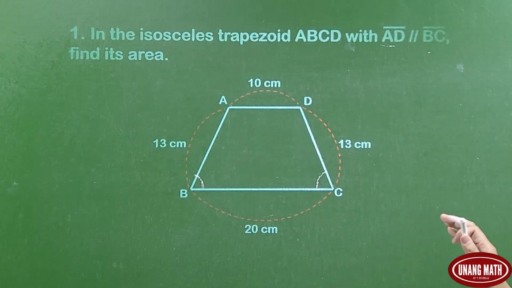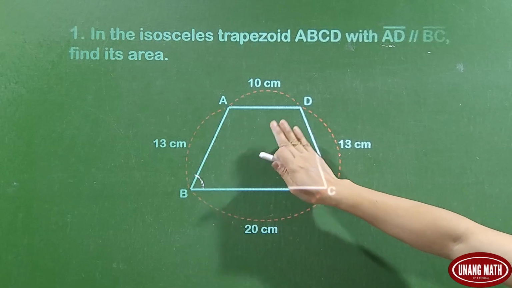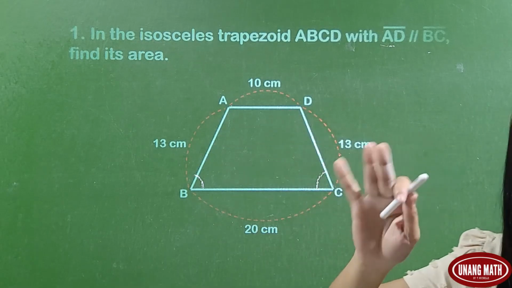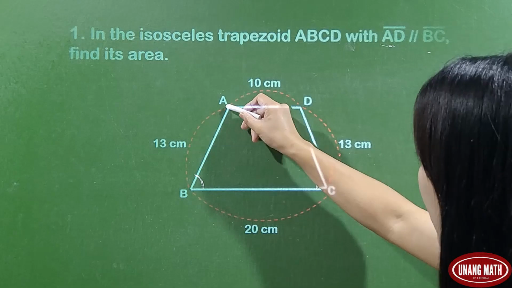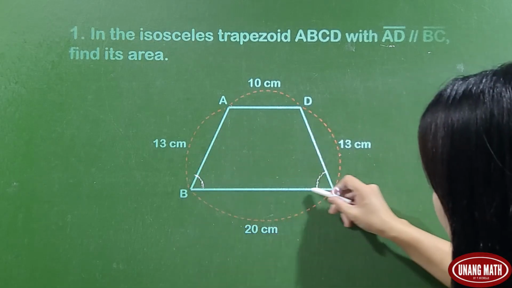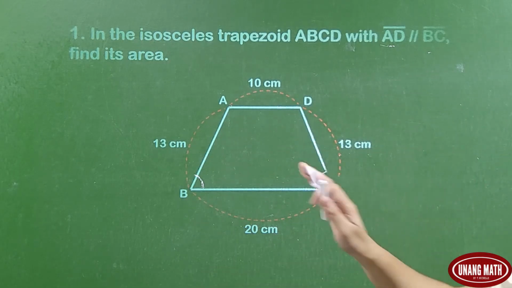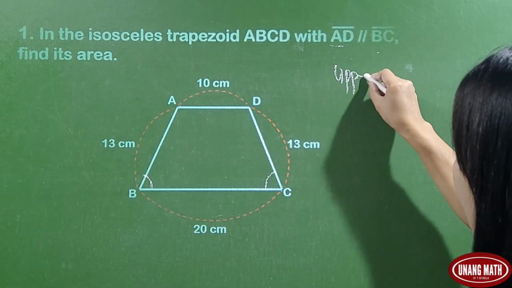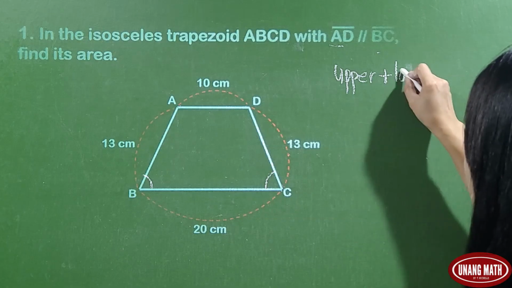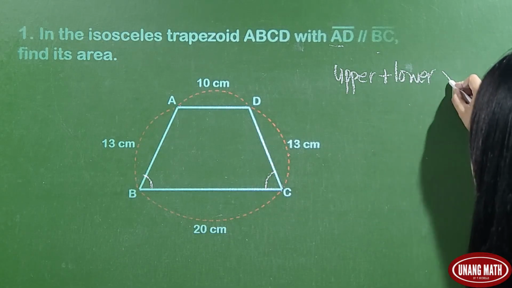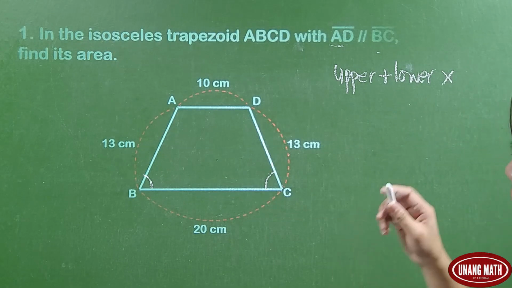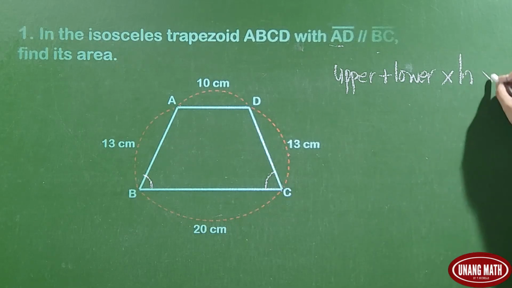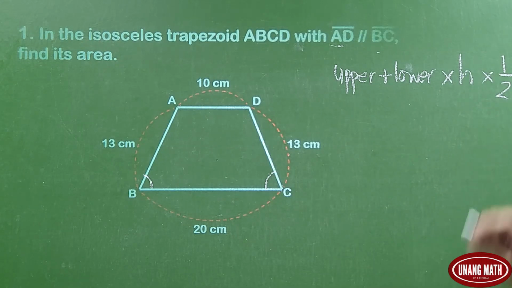Okay, commonly, the formula in finding the area of a trapezoid is we will add the lengths of these two parallel sides, the upper side plus the lower side, and multiply this by the height of the trapezoid times 1/2.